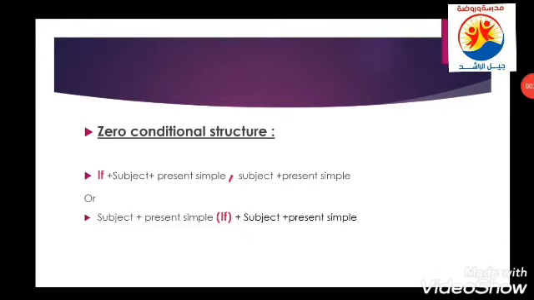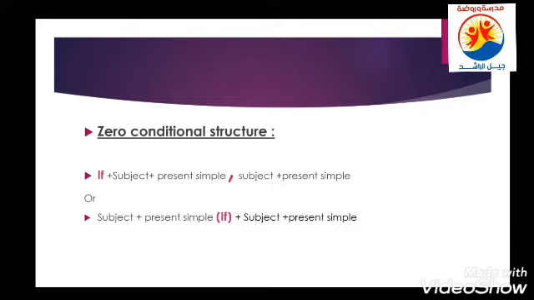Zero conditional structure: if plus subject plus present simple, comma, subject plus present simple, or subject plus present simple if plus subject plus present simple. As you note, we can use if at the beginning of the sentence or in the middle of the sentence, but the only difference between these two sentences is the comma.